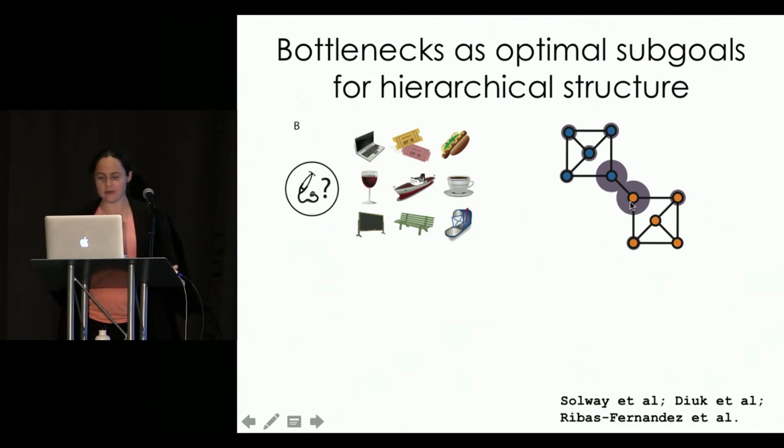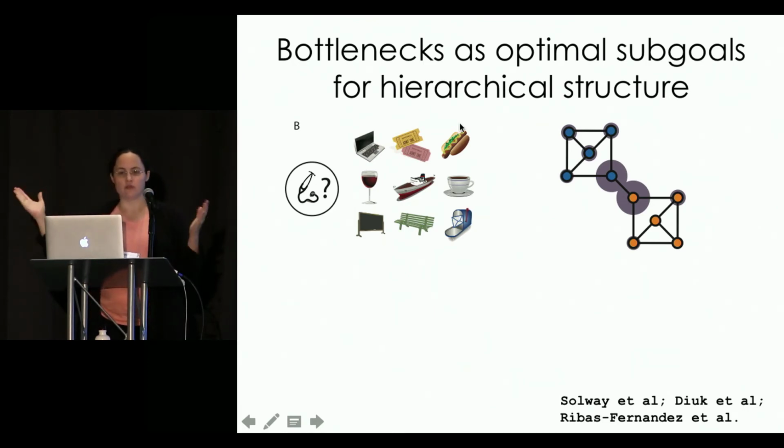The graph looks like this rather than the previous one, and the different items here represent different places in a city that the participants had to navigate, and participants had to figure out if an item was on their path between two items or not, and a number of other tests. And again, they did a number of clever experimental manipulations to show that people identified those two bottlenecks here. So the size of the gray circle here indicates how much more likely they were to identify this as a bottleneck than the rest.